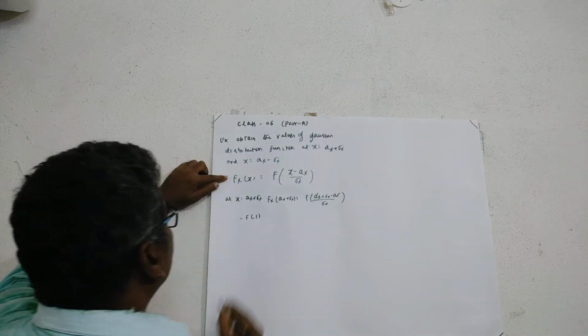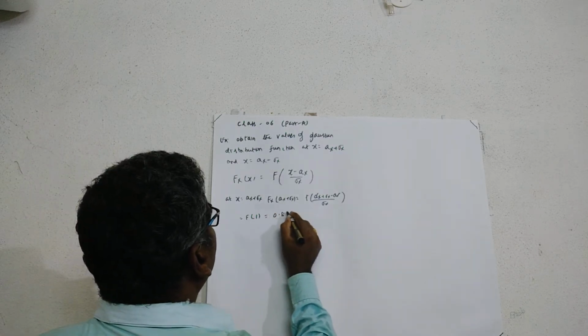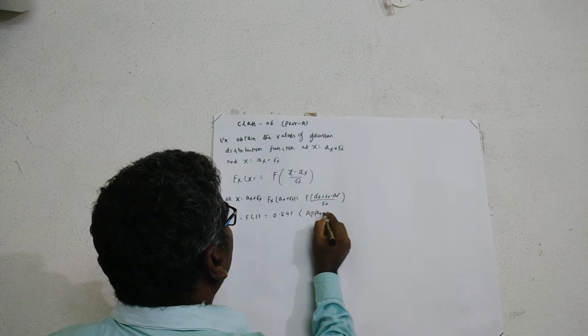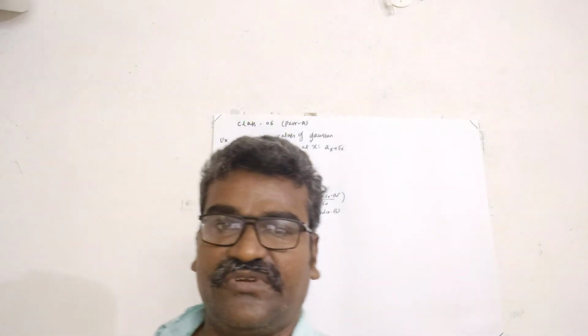The value of F of 1 is 0.841, which is given in appendix B, at the back side of Peebles' textbook.